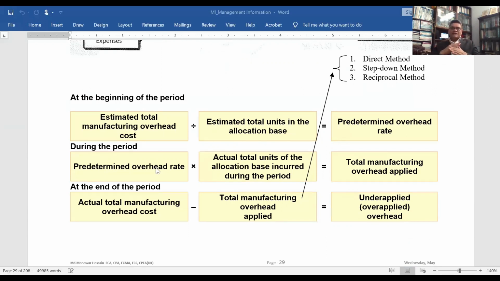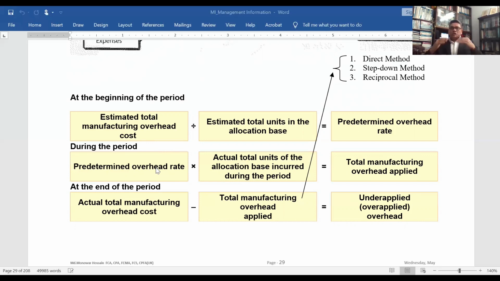If we multiply the predetermined overhead rate with the actual total units of the allocation base incurred during the period, then we will get the total manufacturing overhead applied. And this is during the period. At the end of the period, we take the actual total manufacturing overhead cost and deduct it from the total manufacturing overhead applied. Then we will get the under-applied or over-applied overhead cost.